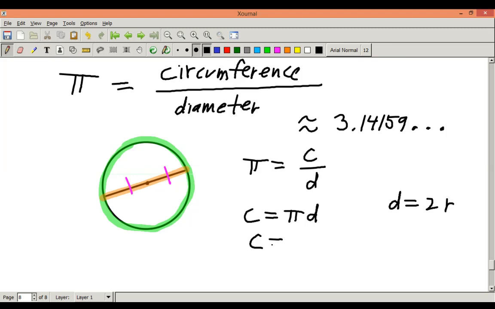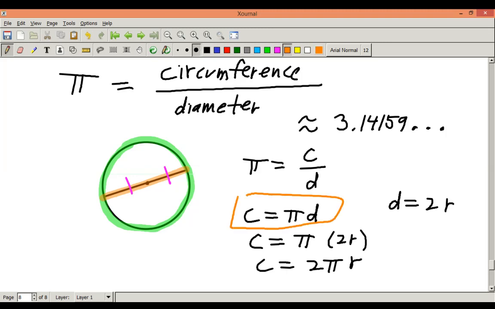That gives us C equals pi times 2r. We usually see it written as circumference equals 2 pi r. So your circumference usually will be given to you like this: C equals pi times diameter, or C equals 2 pi times radius. These are the same thing. It tells you how far it is around the circle.